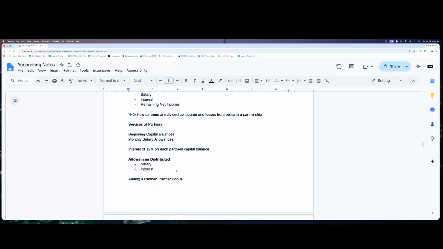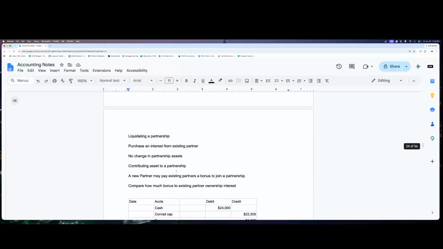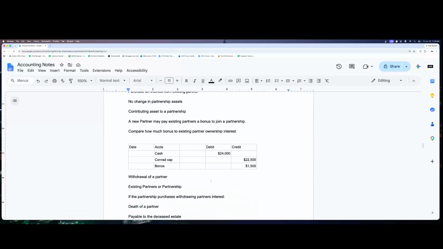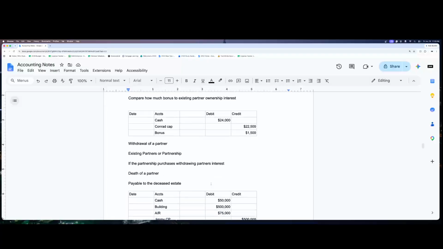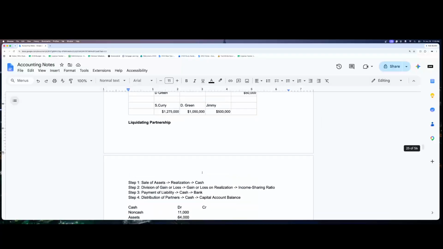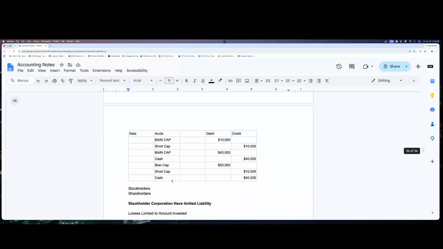Allowance distribution when it comes to salary, partner bonuses, how partners share income, how partners liquidate. If there's a liquidation of the partnership, a withdrawal of a partner, or a death of a partner. Okay, so how you would liquidate a partnership.